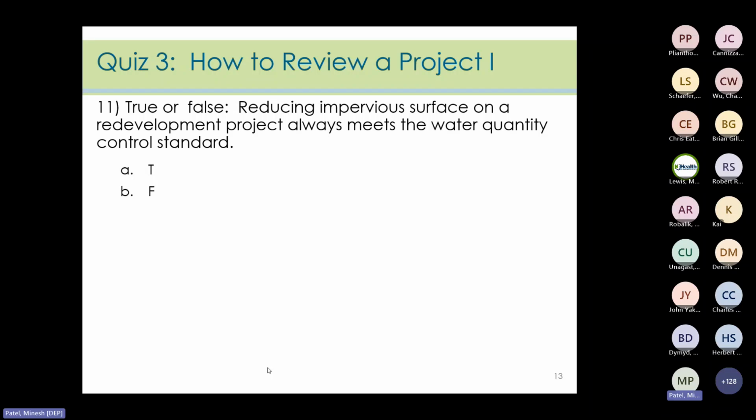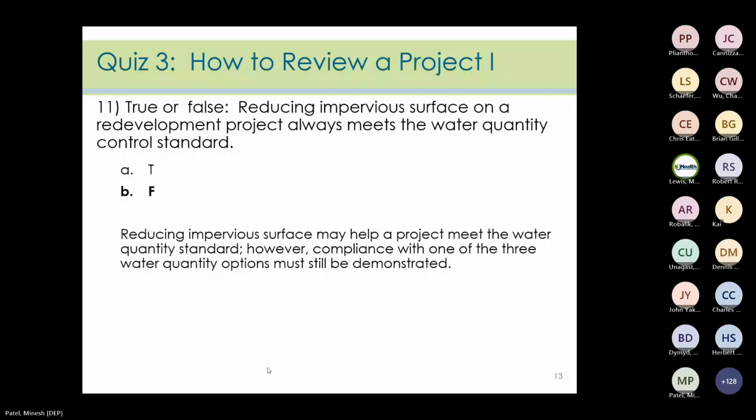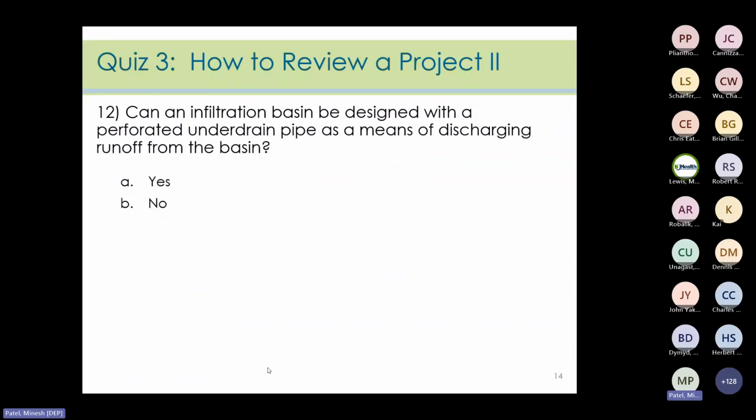Question 11, true or false? Reducing impervious surfaces on a redevelopment project always meets the water quantity control standard. And the answer is B, that is a false statement. Question 12, can an infiltration basin be designed with a perforated under drain pipe as a means of discharging runoff from the basin?